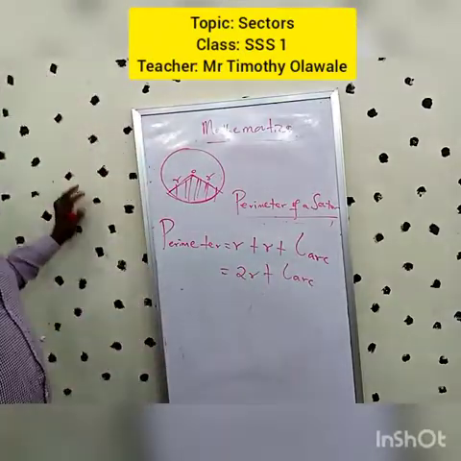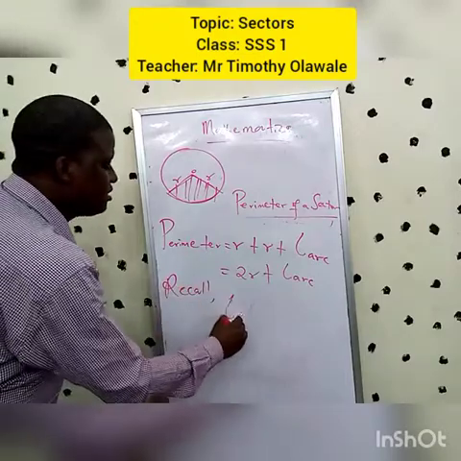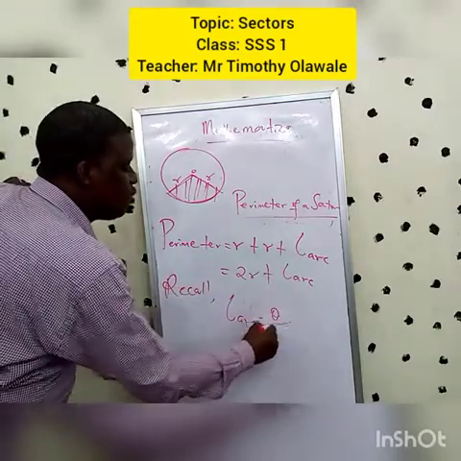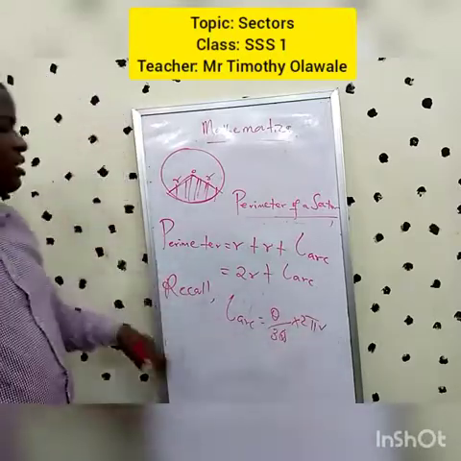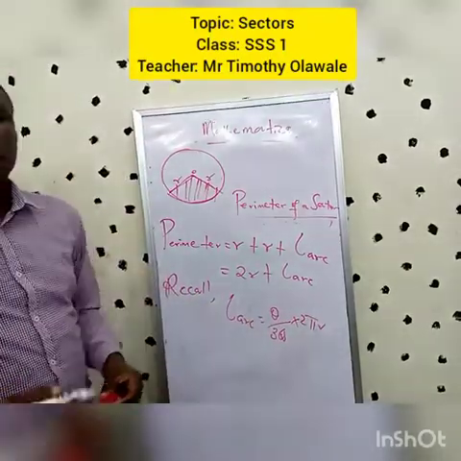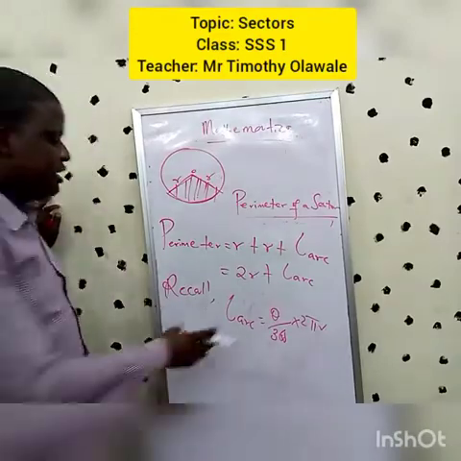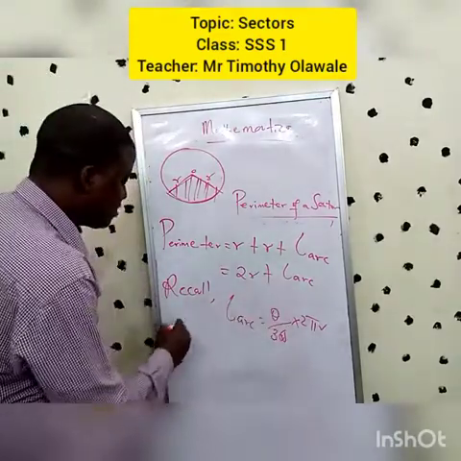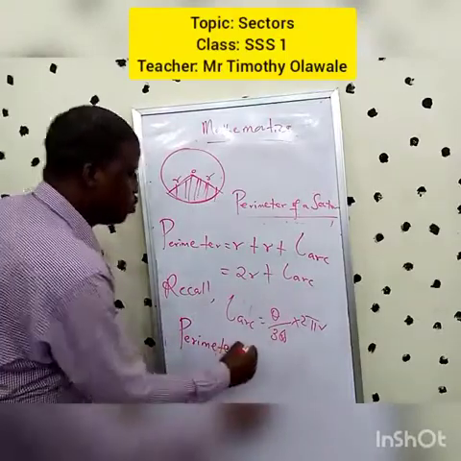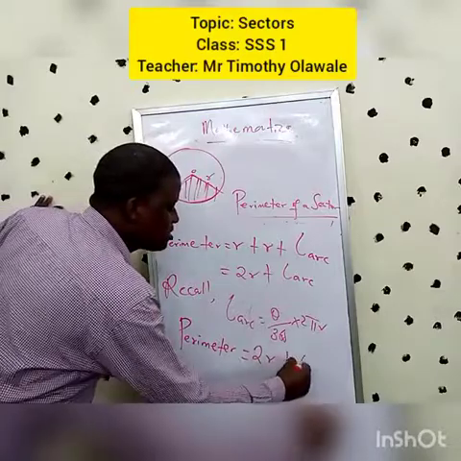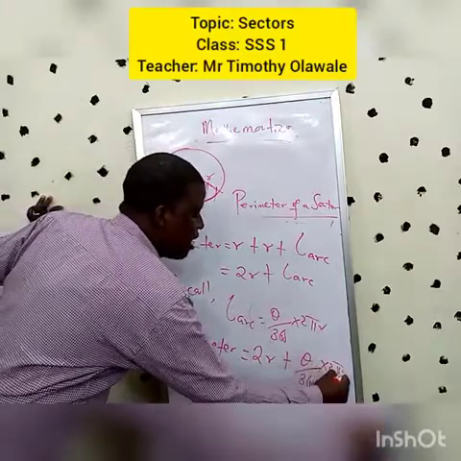So we now recall that length of an arc is theta over 360 times 2 pi r. Pay attention to this. So that means the perimeter of a sector equals 2r plus theta over 360 times 2 pi r.